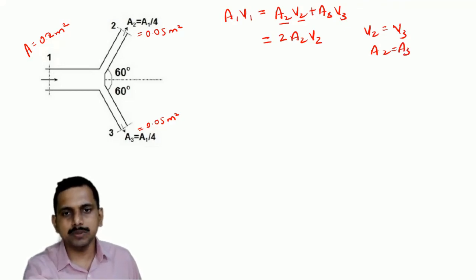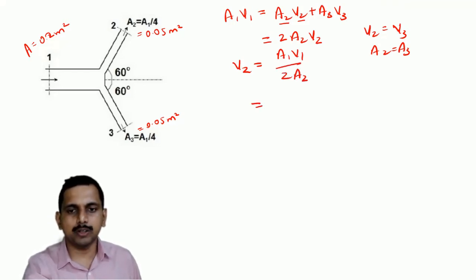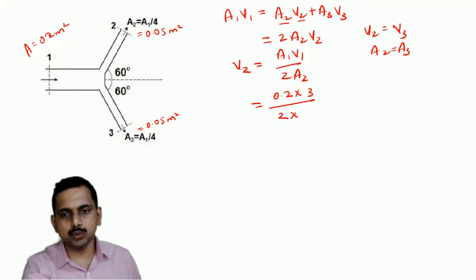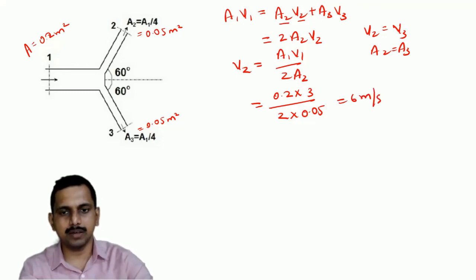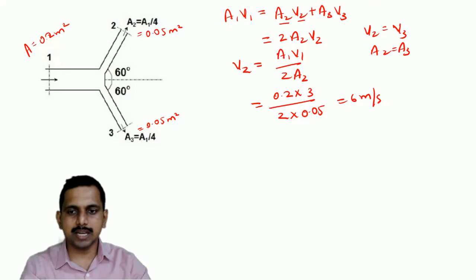Substituting this, I get V2 is equal to A1 V1 divided by 2 times A2. A1 is 0.2 and V1 is given as 3 meters per second, 2 times A2 is 0.05, and the answer I get is 6 meters per second. This is the first answer I am getting.